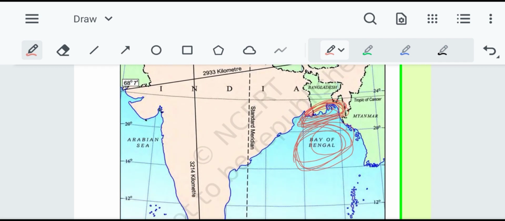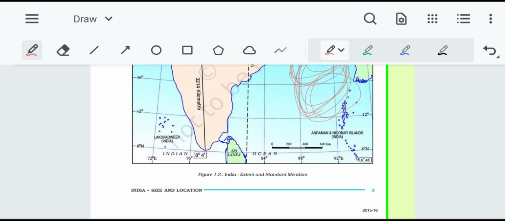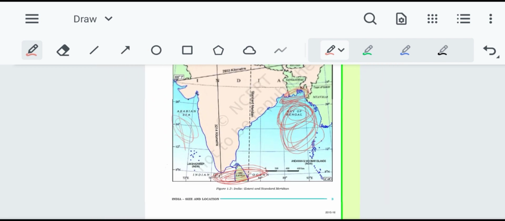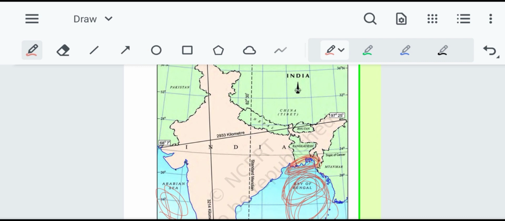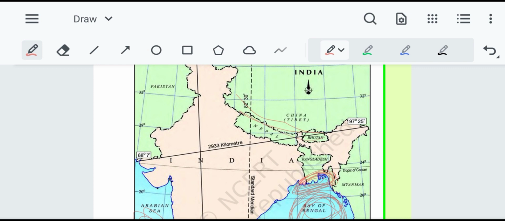And as we see, there is the Bay of Bengal in India, and here is the Hind Mahasagar, and this is the Arabian Sea. So remember these important updates. And the Himalaya lies in the north of India. The shape of the Himalaya is like a Dhanushakar, a bow, in Indian culture.